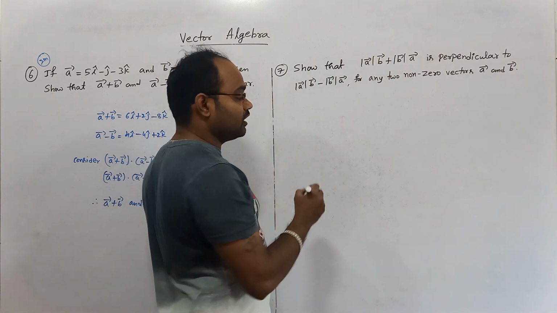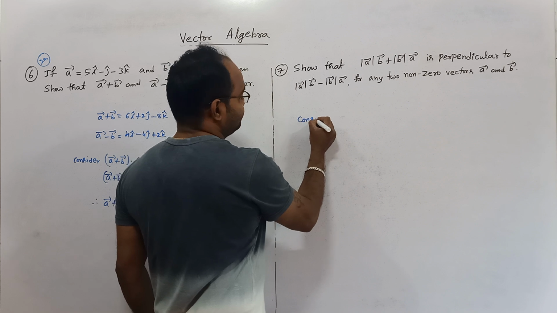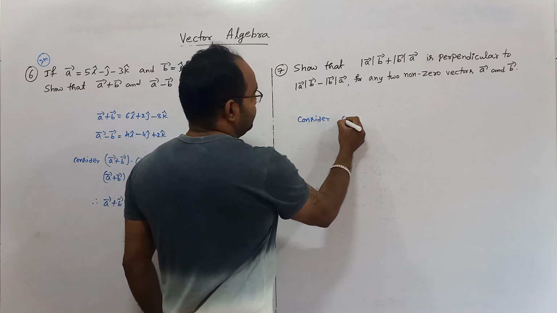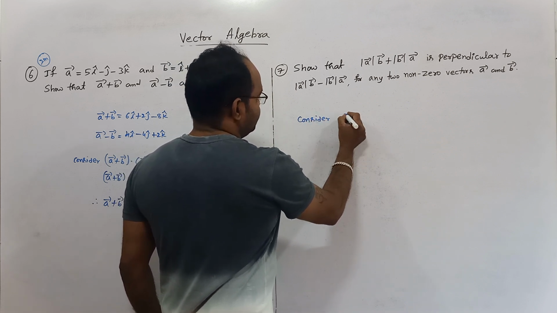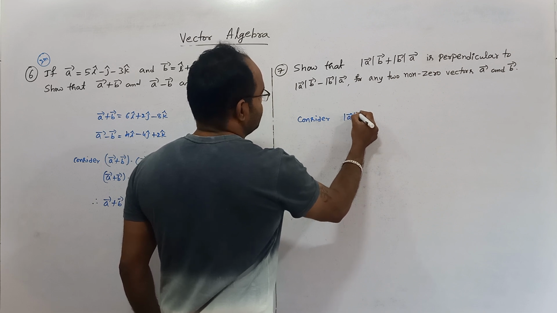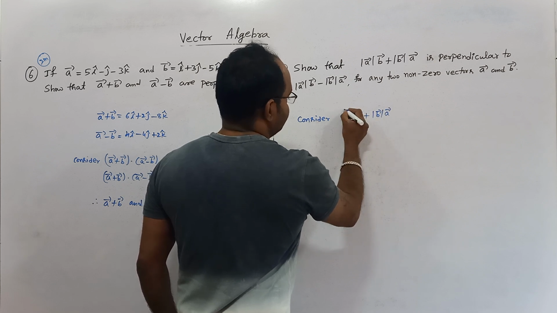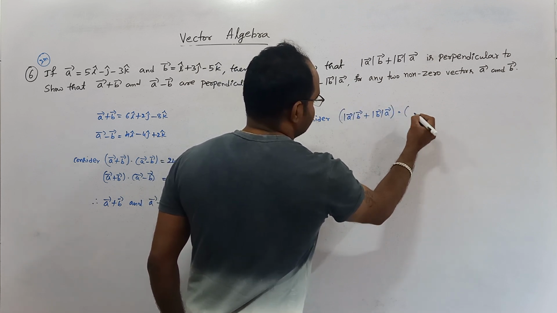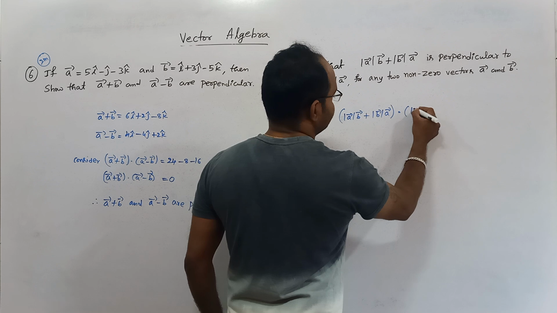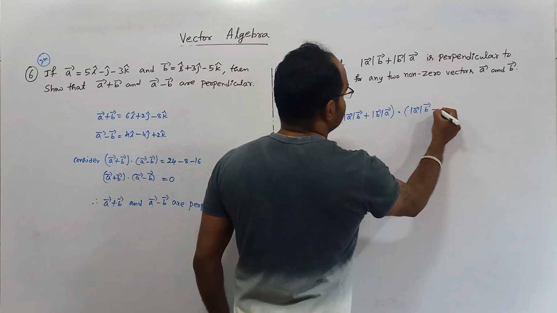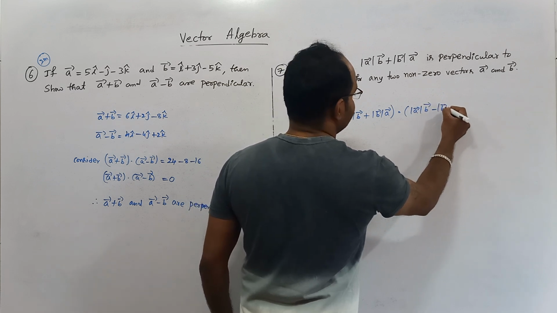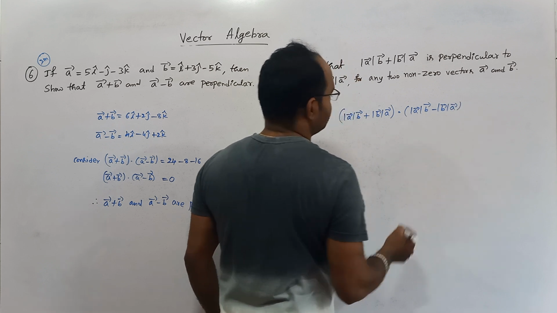ಇವೆರಡರದ್ದು ಡಾಟ್ ಪ್ರಾಡಕ್ಟ್ ತಗೊಳ್ಳೋಣ. Consider magnitude A vector B plus magnitude B vector A dot magnitude A vector B minus magnitude B vector A. Dot product ತಗೊಳ್ಳೋಣ.